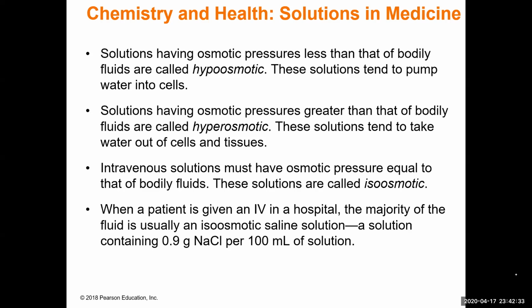So that is a solution that contains 0.9 grams of sodium chloride per 100 milliliters of solution. And this concentration would be similar to that of what is already in our body fluids.